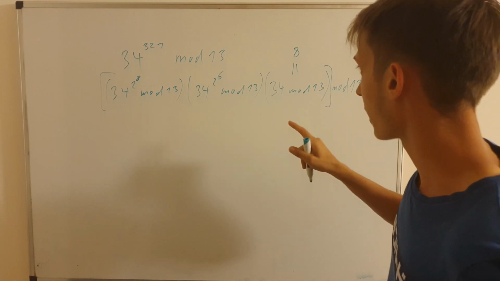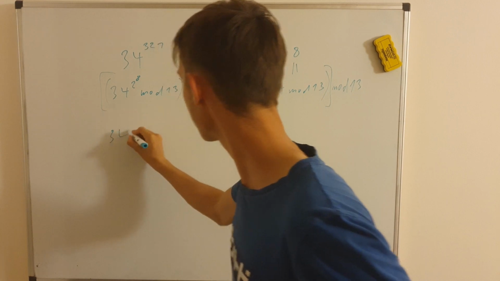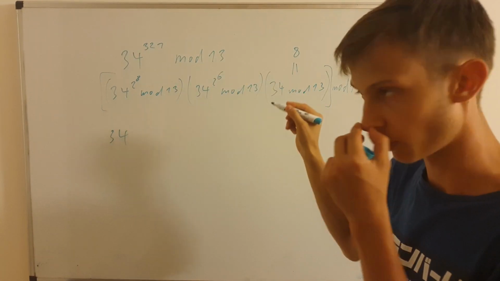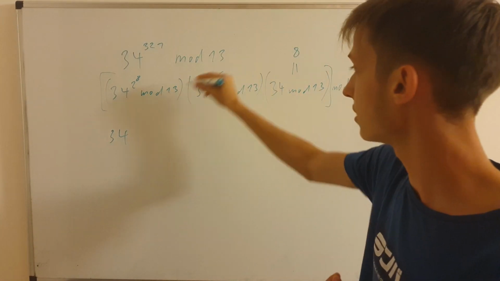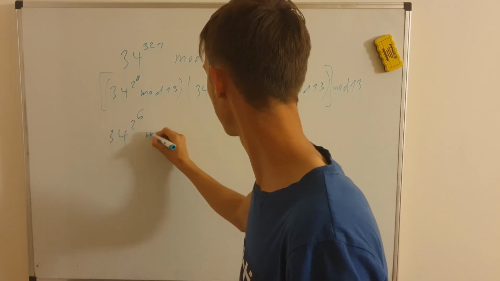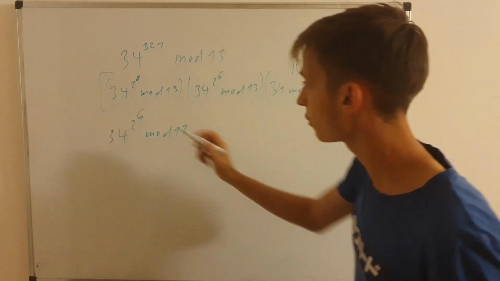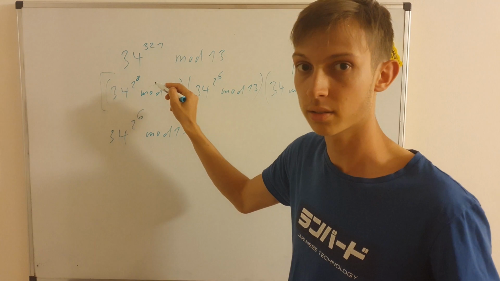So basically for now, let's say we'll work this one and figure out what this is equal to. So 34 to the 2 to the 6 mod 13. We have to be careful about the exponents here. It's not that 34 to the second and all of that to the 6.